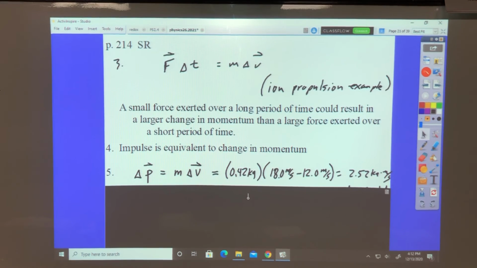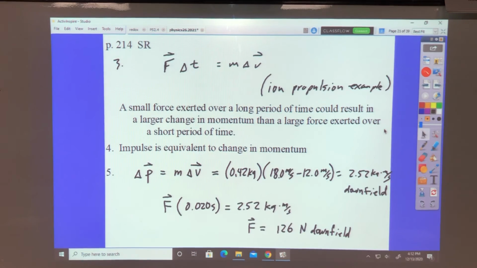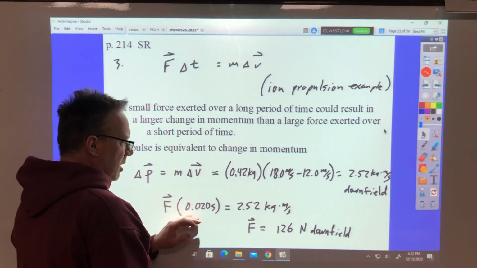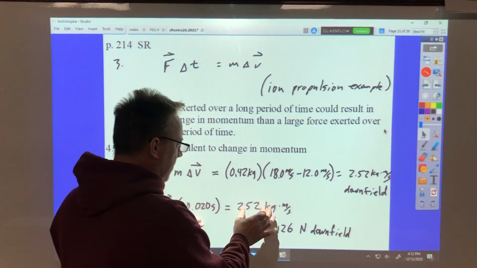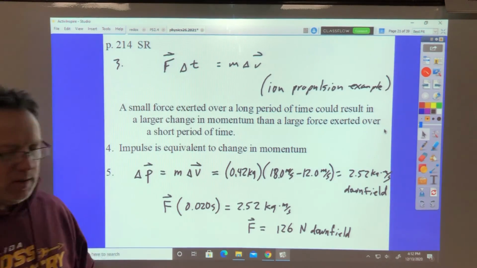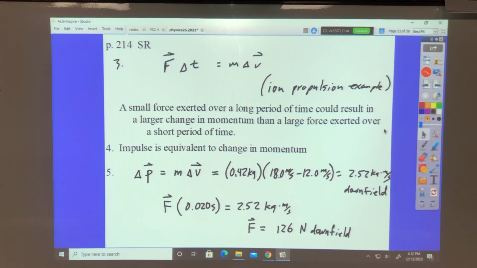Find the constant force if the two are in contact for 0.2 seconds. The change in momentum is force times delta T, so just divide by 0.2, or multiply by 5, and it's about 12.6 newtons downfield is how the force was applied.